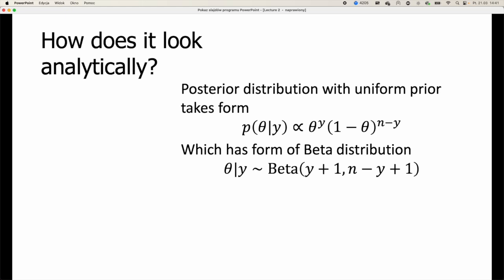The probability of given y. Theta takes real values between 0 and 1. So it gives you a probability of a continuous variable. And in this case, theta is actually a known distribution called beta distribution, which is defined this way.